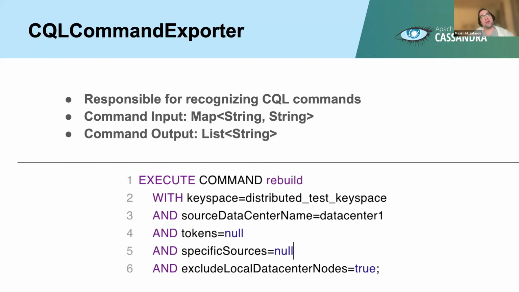So for the exporter, we want to be able to run commands through the SQL interface. This is an example of the SQL command that will be supported. It basically represents as key-value input the same parameters that we have for nodetool, and a list of strings as output, the same as the output.